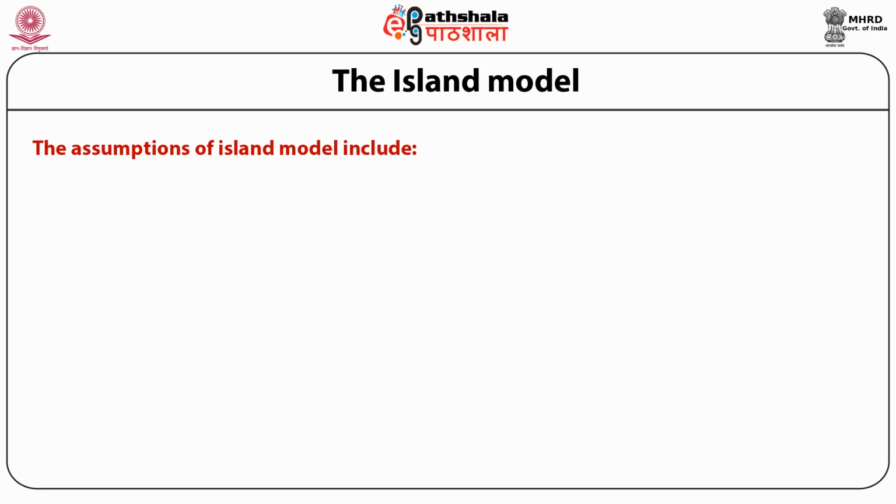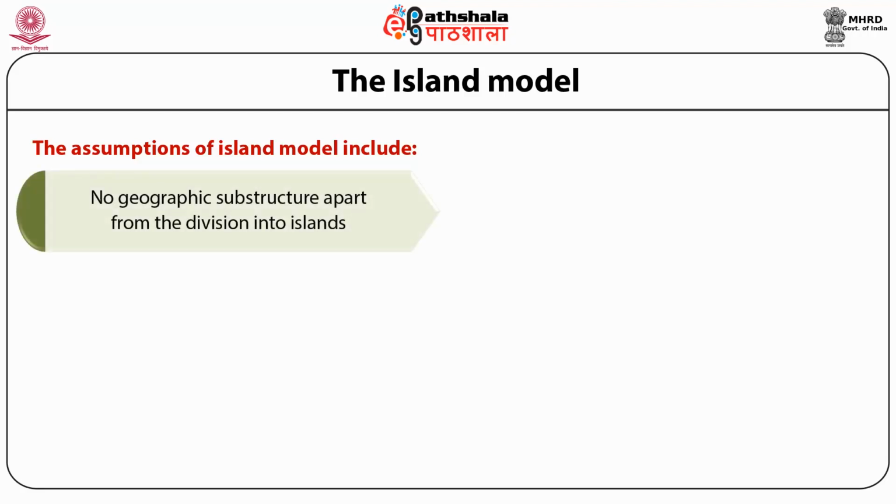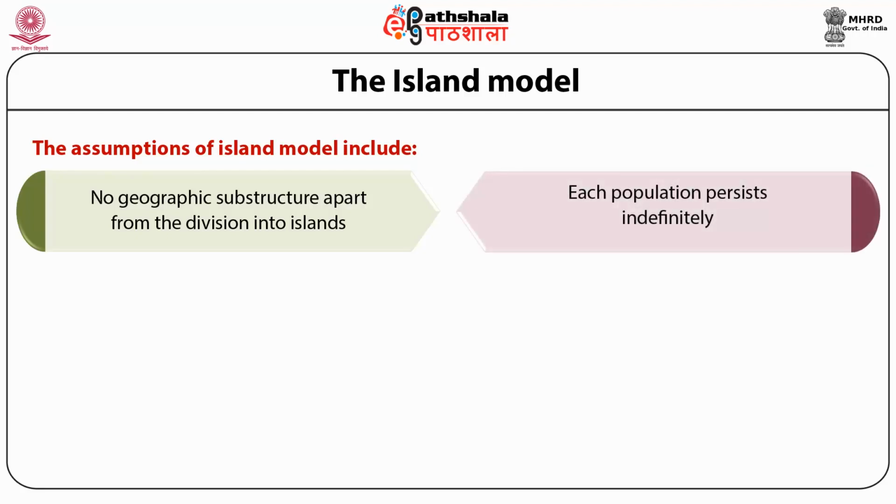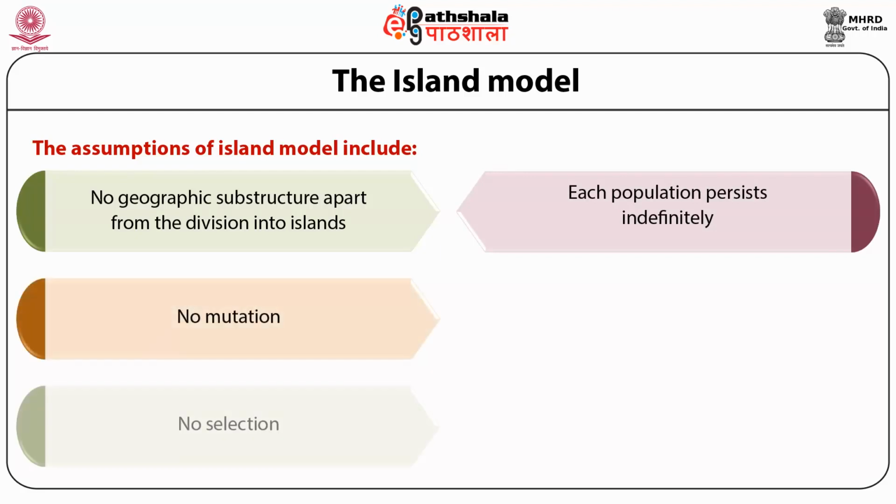These assumptions of the island model include, first of all, no geographic substructure apart from the division into islands should occur. Each population persists indefinitely. No mutation, no selection is operating upon the populations.